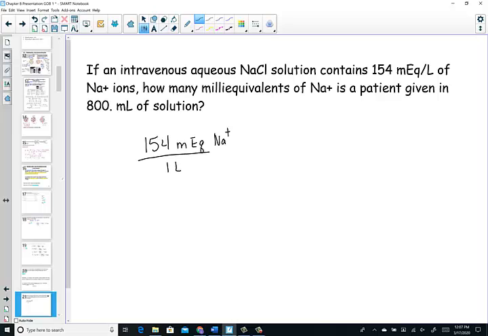Well, this is really just a canceling of units as well, isn't it? I want to get rid of the liter, so I'm going to multiply by the liter, and when I do that, I can cancel the liter out, and I could just say that I can set that over 1, and I've converted then to a milliequivalent. 800 milliliters, notice this decimal, meaning that it has 3 sig figs.